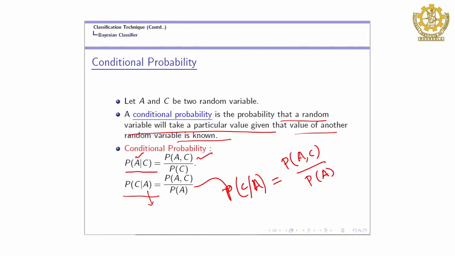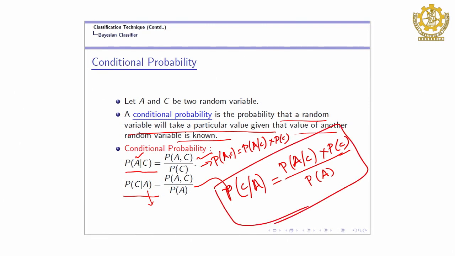Now replace this value from the other equation. The joint probability of A and C is equal to the probability of A given C times the probability of C. Therefore, instead of the joint probability, we can write the probability of A given C times the probability of C, divided by the probability of A. This is nothing but the Bayes rule.